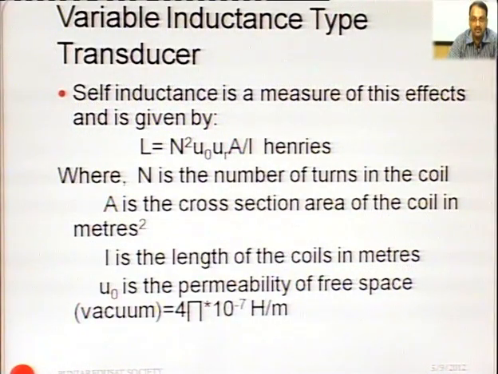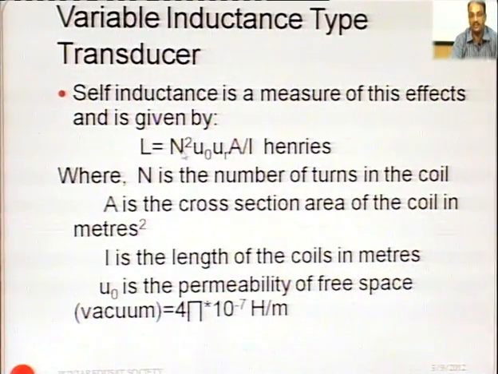Self-inductance is a measure of this effect and is given by L is equal to μ0 μr N² A upon l Henries, where N is the number of turns in the coil, A is the cross sectional area of the coil in meter square, l is the length of coil in meters, μ0 is the permeability of free space, that is vacuum, which is fixed, 4 pi into 10 to the power minus 7 Henry per meter, whereas μr is the relative permeability. It depends upon the material.